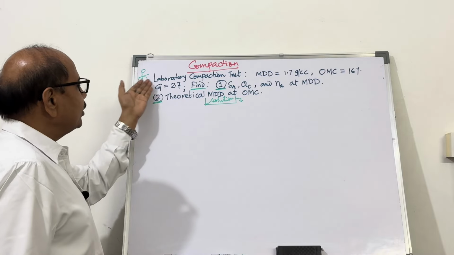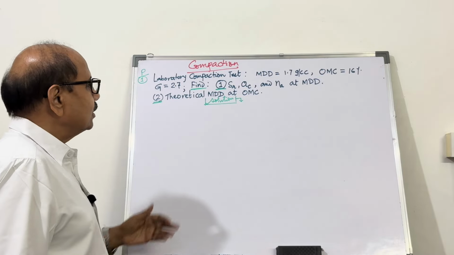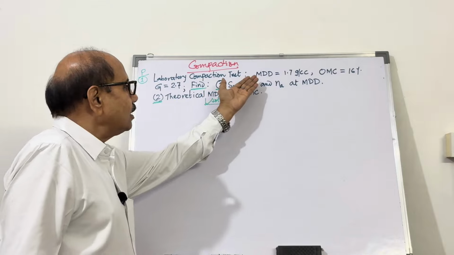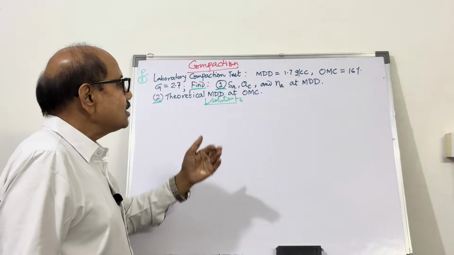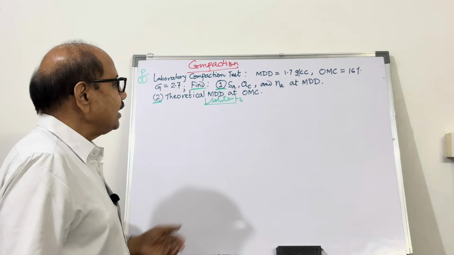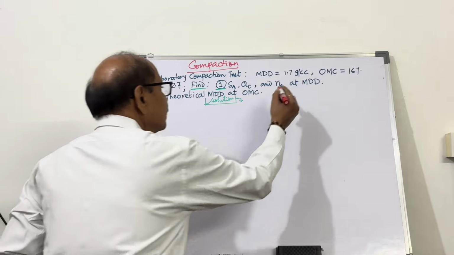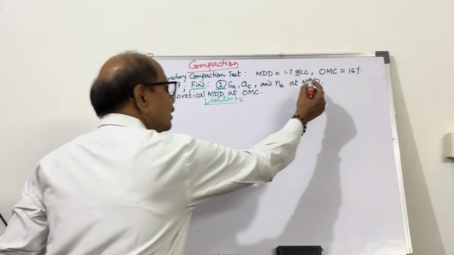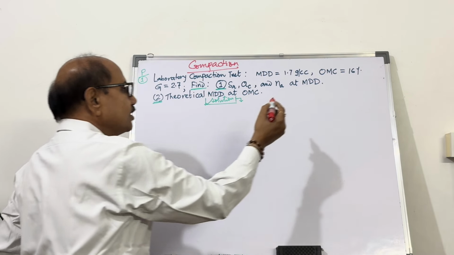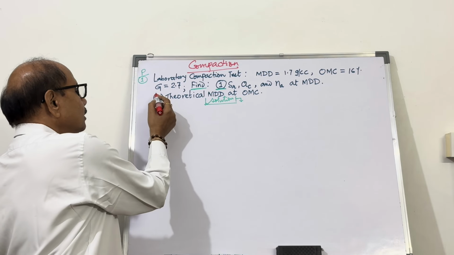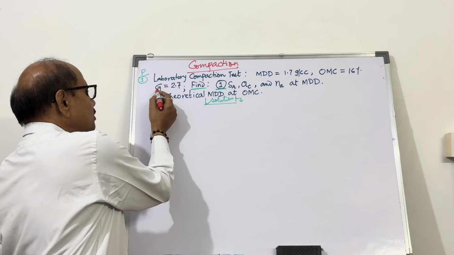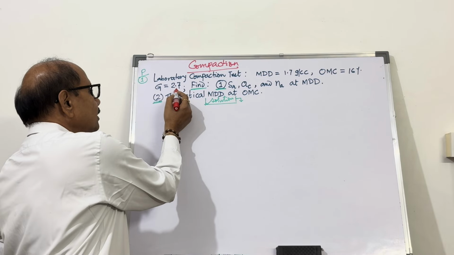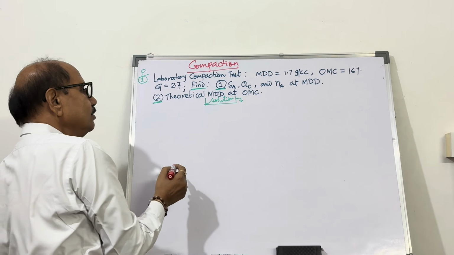From the laboratory compaction test, the data are like this. Maximum dry density MDD is 1.7 gram per cc. Optimum moisture content is given as 16%, and the specific gravity of the soil is 2.7.